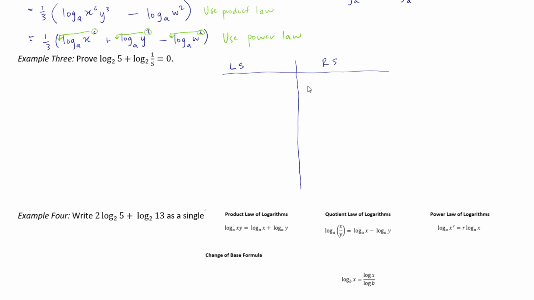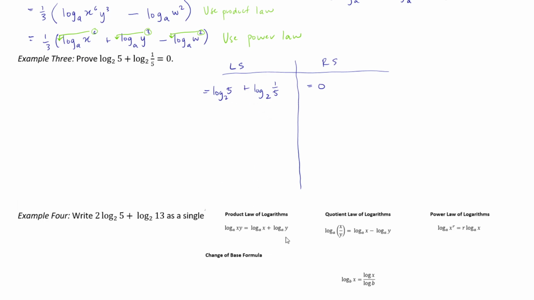Okay, so I know that my right side is equal to 0. I'm not going to touch that. But my left side is this more complicated expression right here. So what I'll do with this left side is I'm going to go: is equal to log 5 base 2 plus log 1 over 5 base 2.